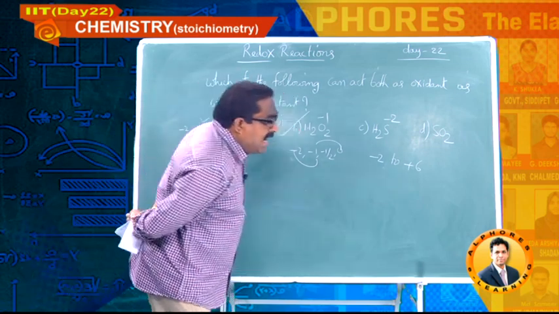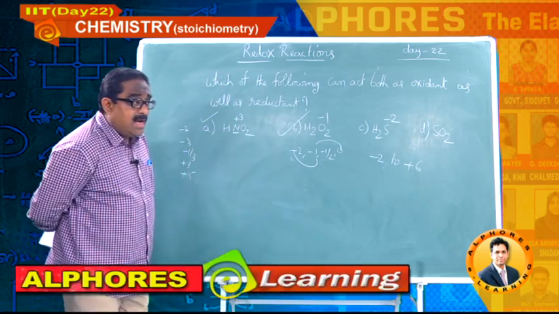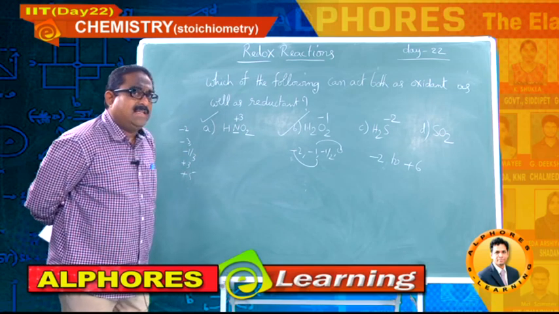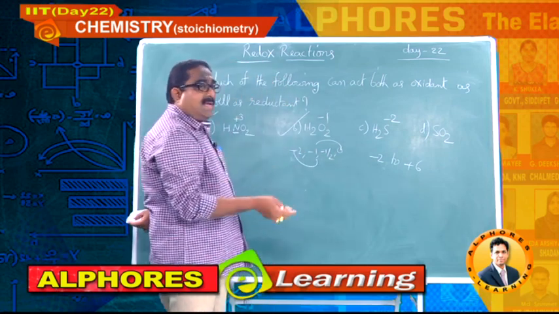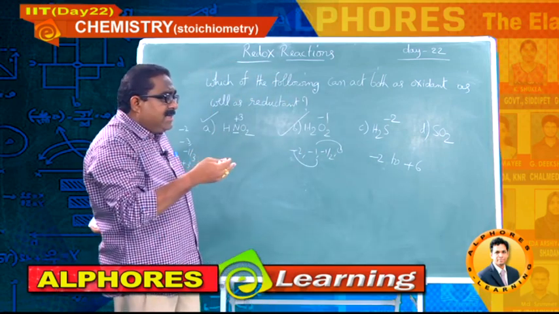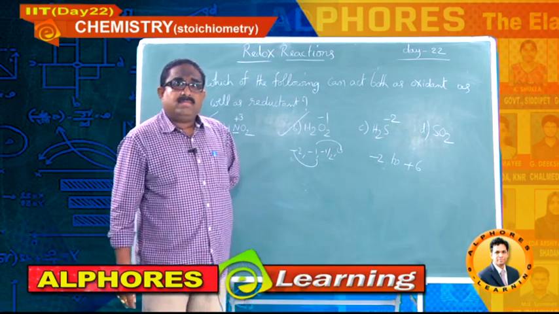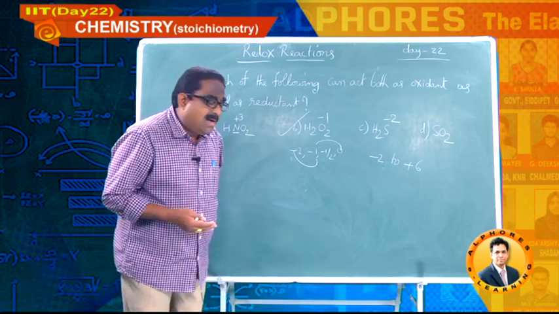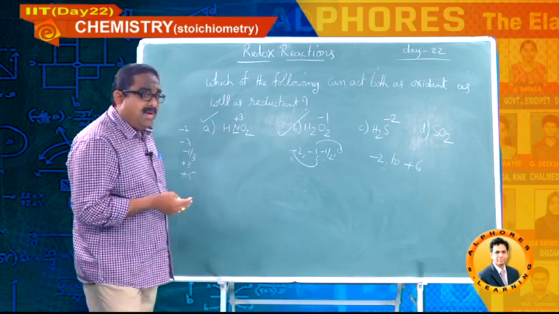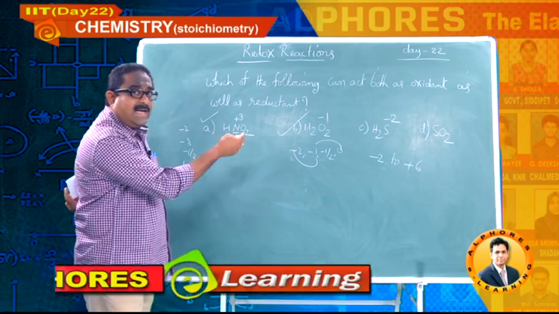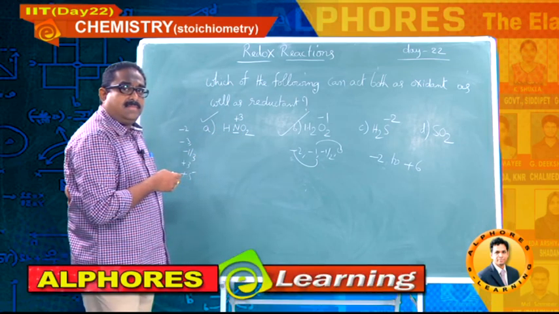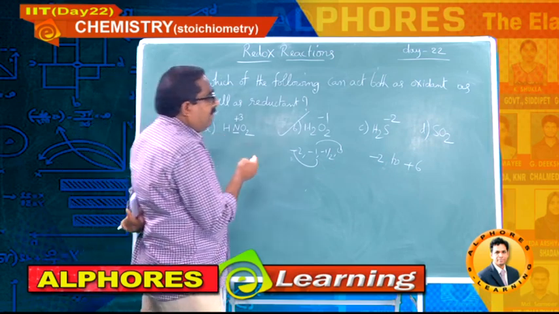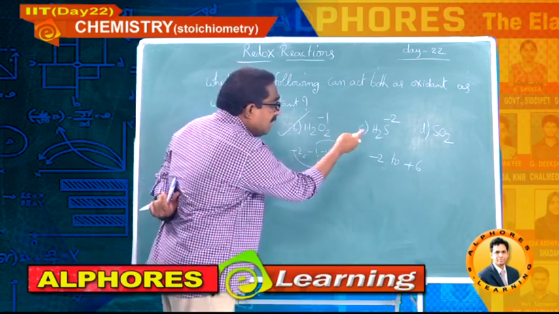Addition of electrons, undergoing reduction, means oxidizing agent. So, it cannot undergo further reduction. It cannot decrease its oxidation number beyond -2. So, it cannot undergo reduction, means it cannot act as oxidizing agent, but it can act as reducing agent because it can lose electrons.